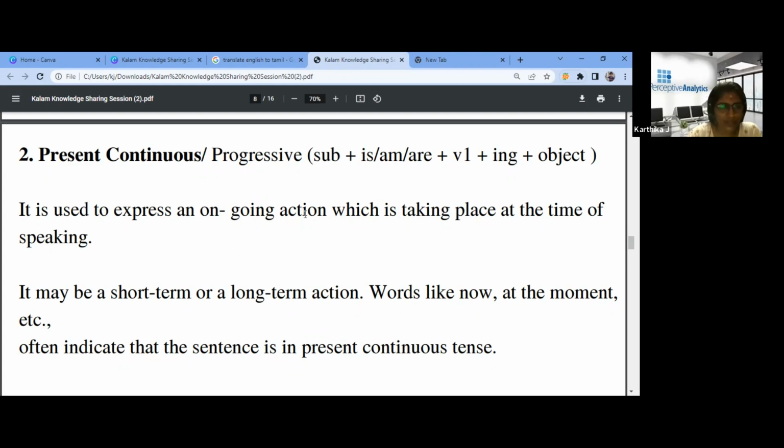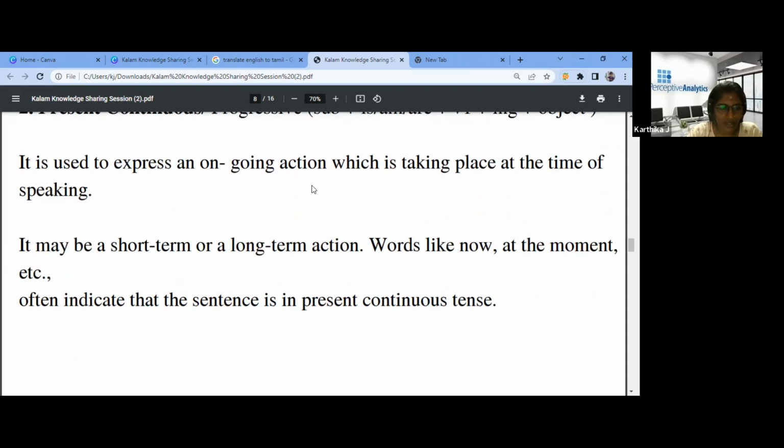It is used to express an ongoing process which is taking place at the time of speaking. It may be a short time or a long time. Words like now, at the moment, etc. often indicate a sentence in the present continuous tense.